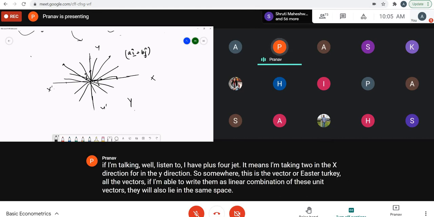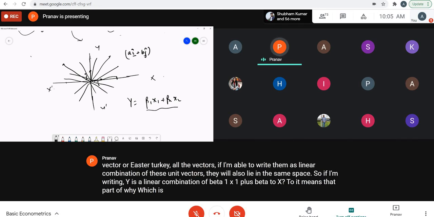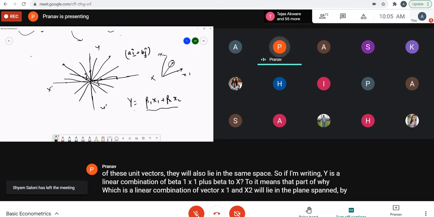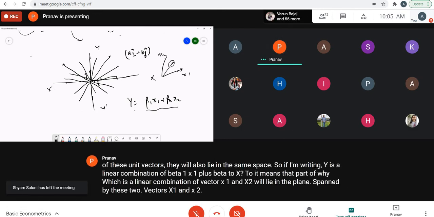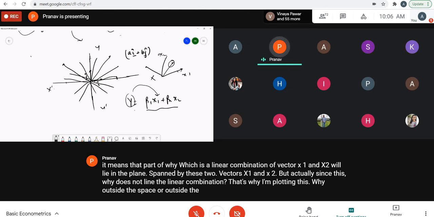So if I'm writing y is a linear combination of beta 1 x1 plus beta 2 x2, it means that part of y, which is a linear combination of vector x1 and x2, will lie in the plane spanned by these two vectors, x1 and x2. But actually, since this y does not lie in the linear combination, that's why I'm plotting this y outside the plane spanned by these two vectors.